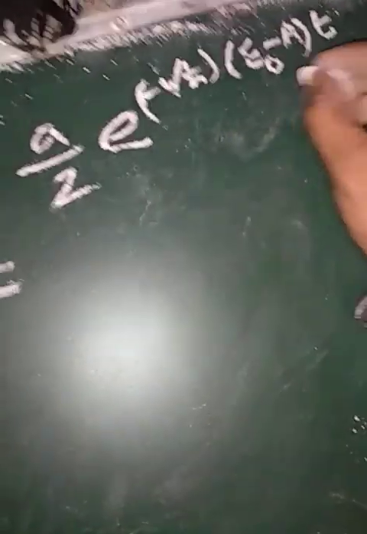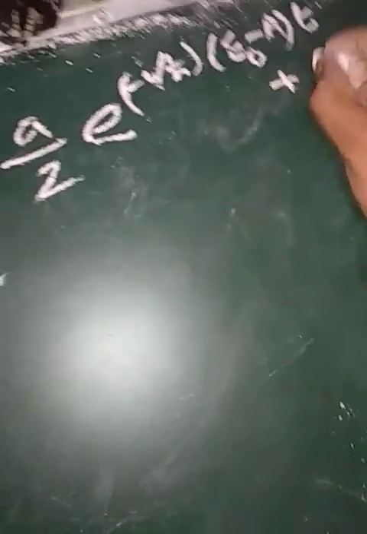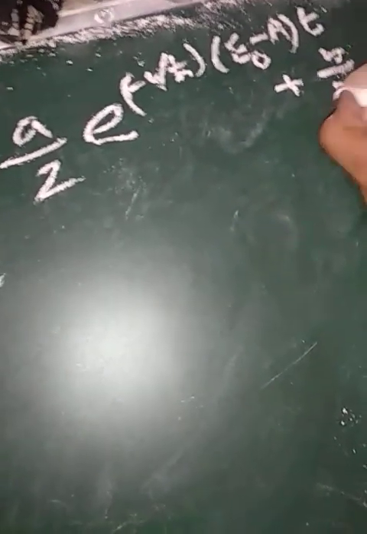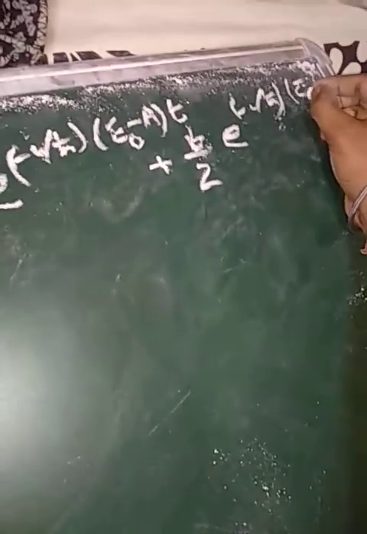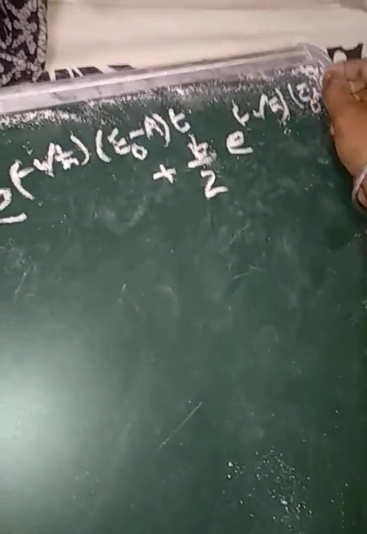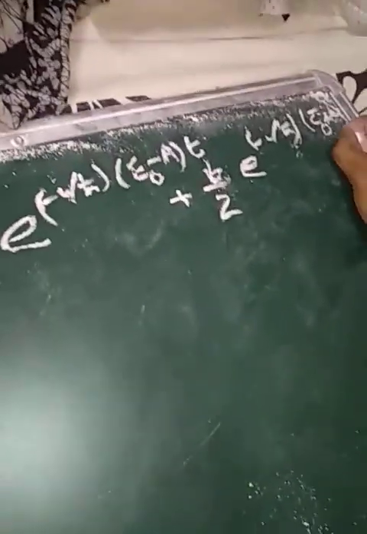Okay, both terms will come. That means there will be something called B by 2, and this will carry along with it minus i by h cut (E naught plus A) into time.